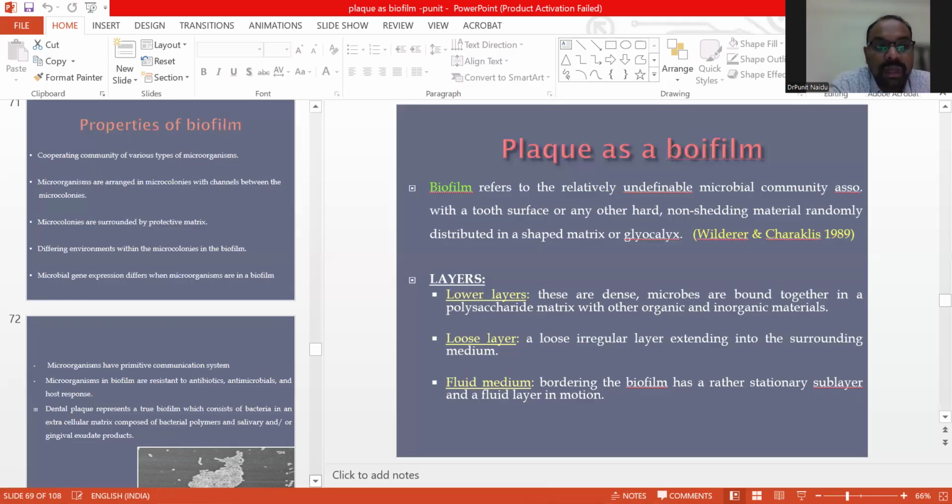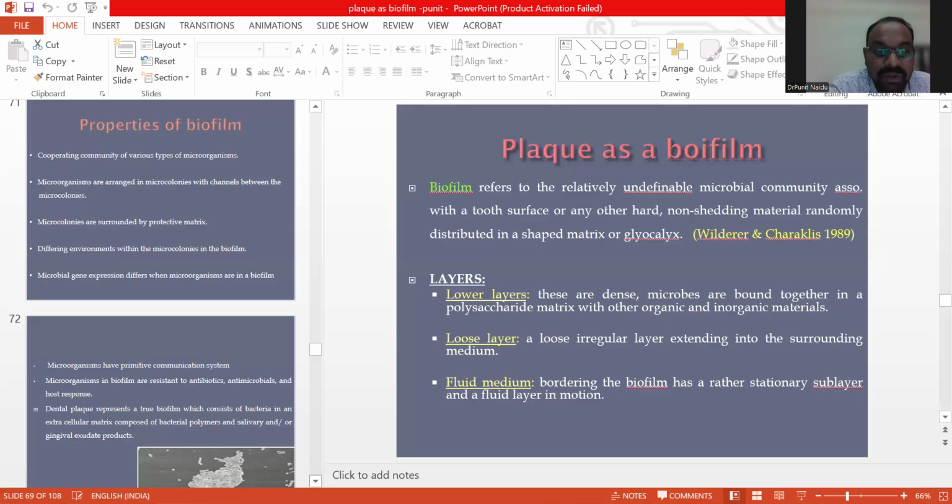Properties of biofilm: cooperating community of various types of microorganisms. Microorganisms are arranged in microcolonies with channels between the microcolonies, and microcolonies are surrounded by protective matrix. There are differing environments within the microcolonies in the biofilm. Microbial gene expression differs when microorganisms are in a biofilm.